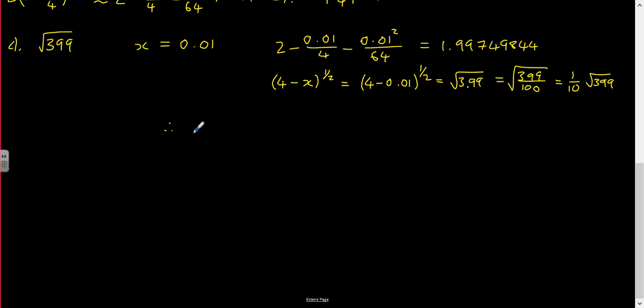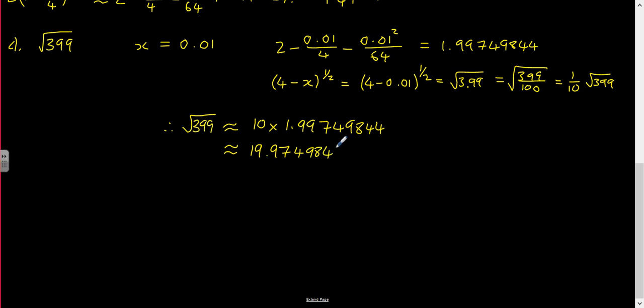Okay, so we can say, therefore, the square root of 399 is approximately 10 times this number, 1.997498444, which comes out as 19.9749844.